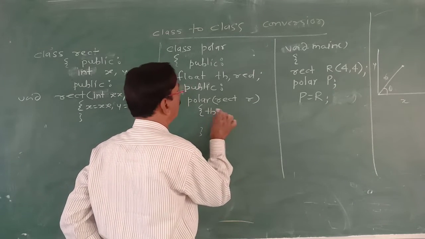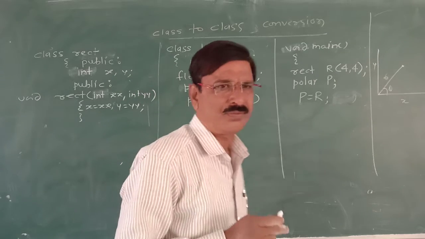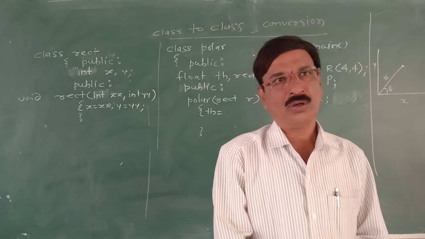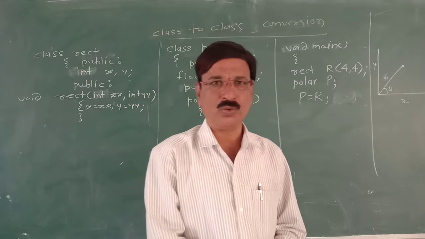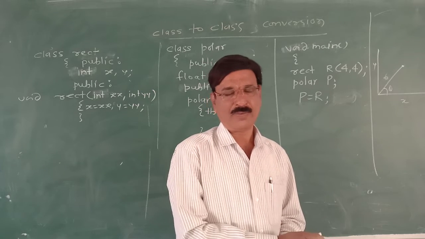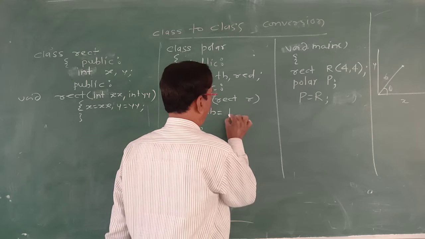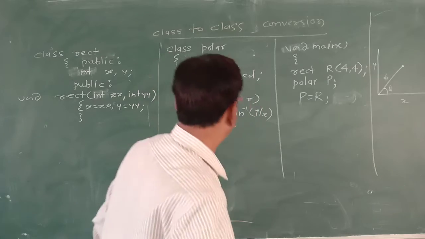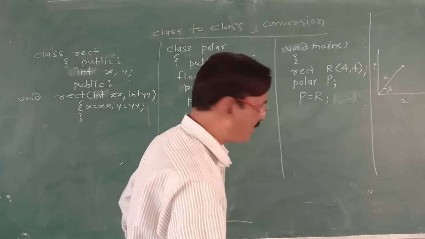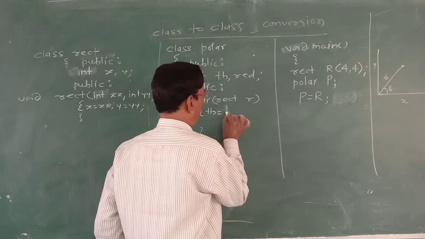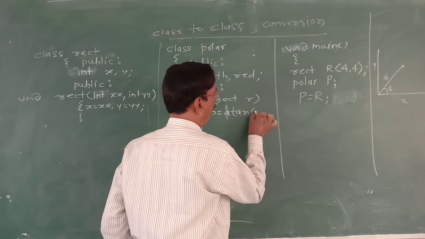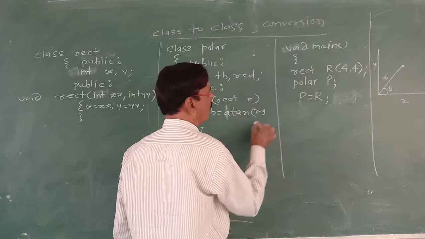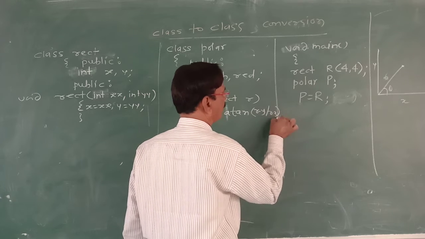Theta is equal to, which theta? Say tan theta is equal to y by x. So theta is tan inverse of y by x. In C++, tan inverse can be written as atan, a function, atan of y by x. Here it is r dot y divided by r dot x.